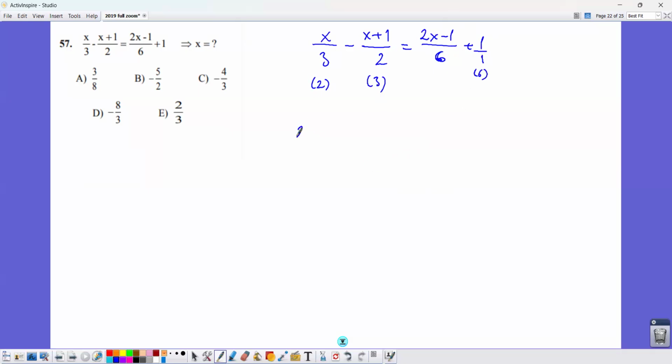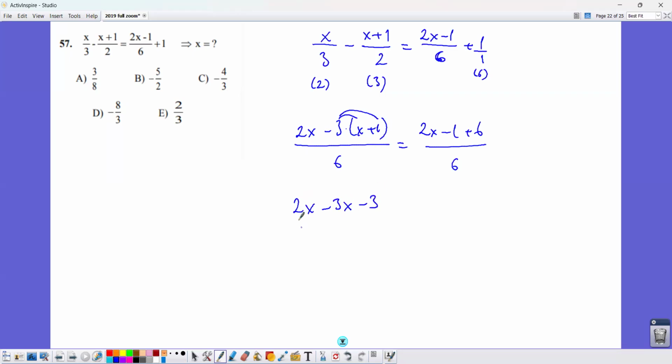So it will become 2x minus 3 times x plus 1 over 6 is equal to 2x minus 1 plus 6 over 6. So this one becomes 2x minus, now I'm multiplying with 3, both of them, minus 3 times x is minus 3x, minus 3 times 1 is minus 3 over 6 is equal to 2x minus 1 plus 6 is plus 5 over 6.